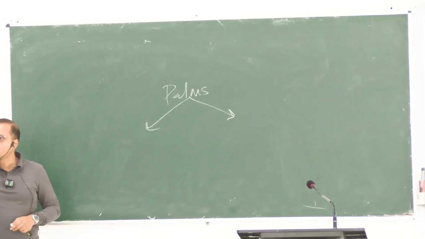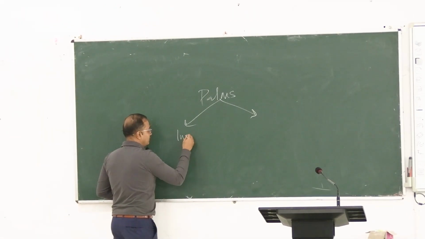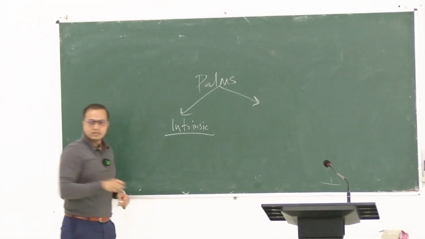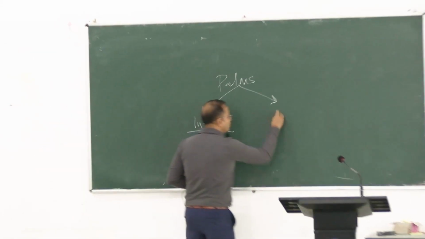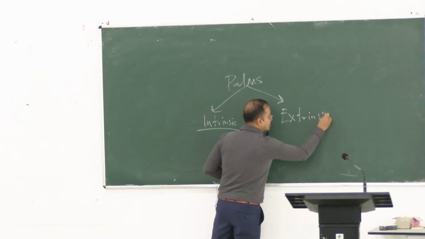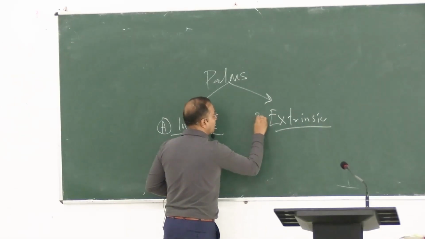inside the palm we have two different types of muscles. We call them the intrinsic group, which are present inside the palm, and the other one the extrinsic group.